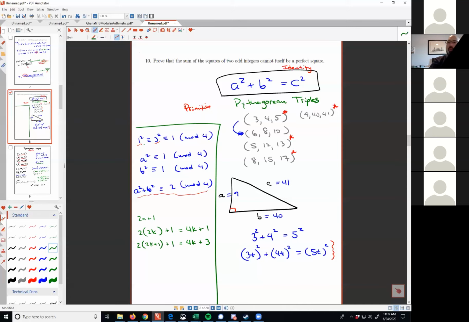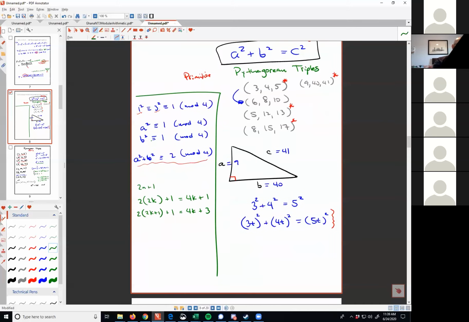And here's one more way to think about it. The square of an odd number can be written this way. And that's equal to a multiple of 4 plus 1.